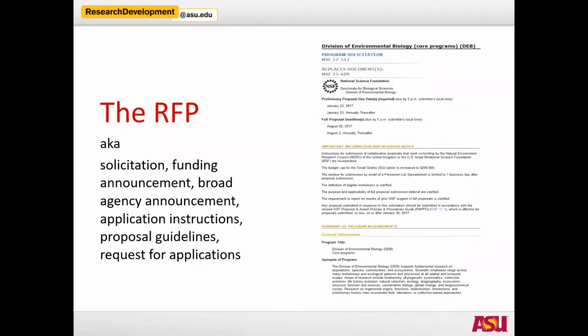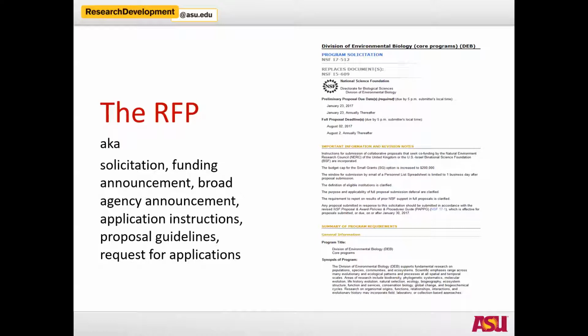So this is what an RFP looks like. This is from the National Science Foundation, NSF, and it's the Division of Environmental Biology, also called DEB. It tells you some important things, like the due date. It also will say annually thereafter. So if NSF comes up with a new DEB, they will put it at the top.